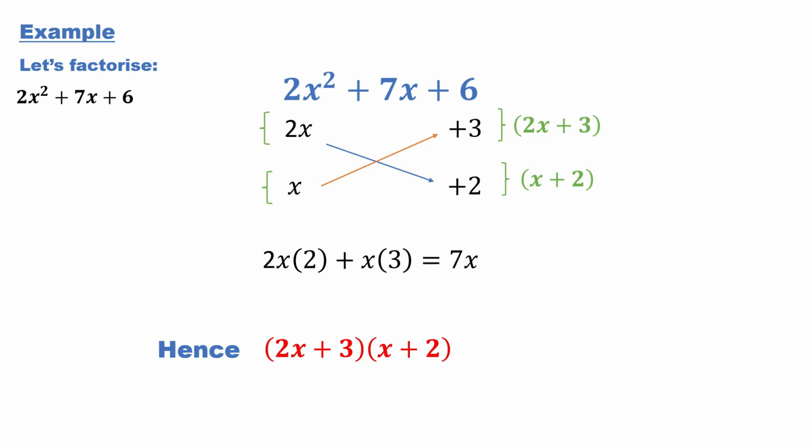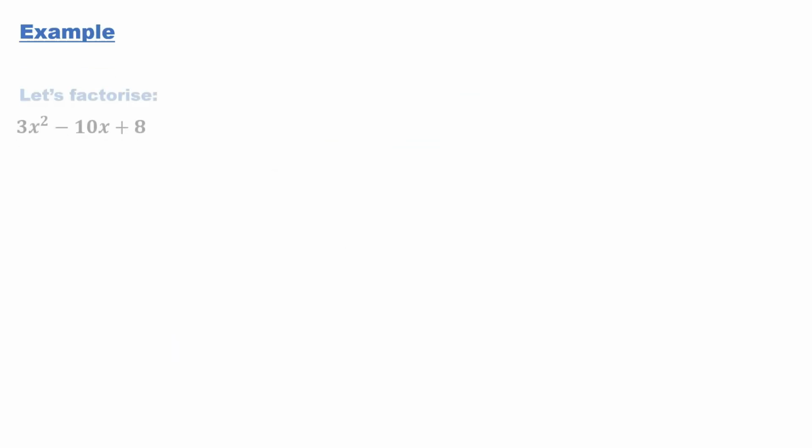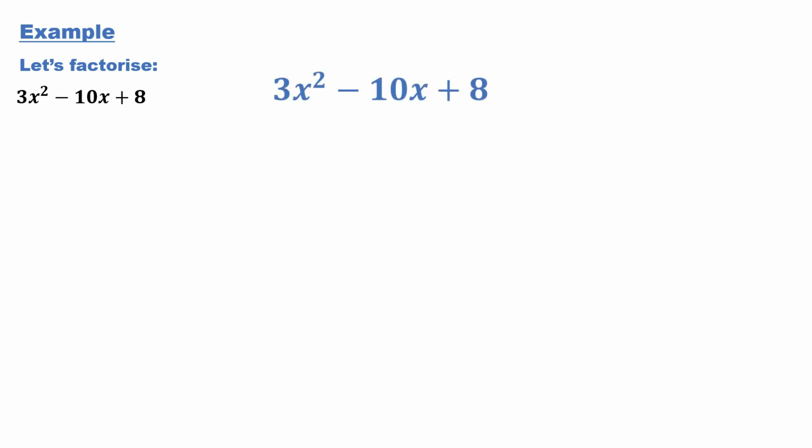Let us do another quick example together and apply this approach again so that you can familiarize with it. Given the following expression, 3x squared minus 10x plus 8, we can see that the two numbers which can give us 3x squared are 3x and x. Also, the two numbers which can give us 8 are minus 4 and minus 2.